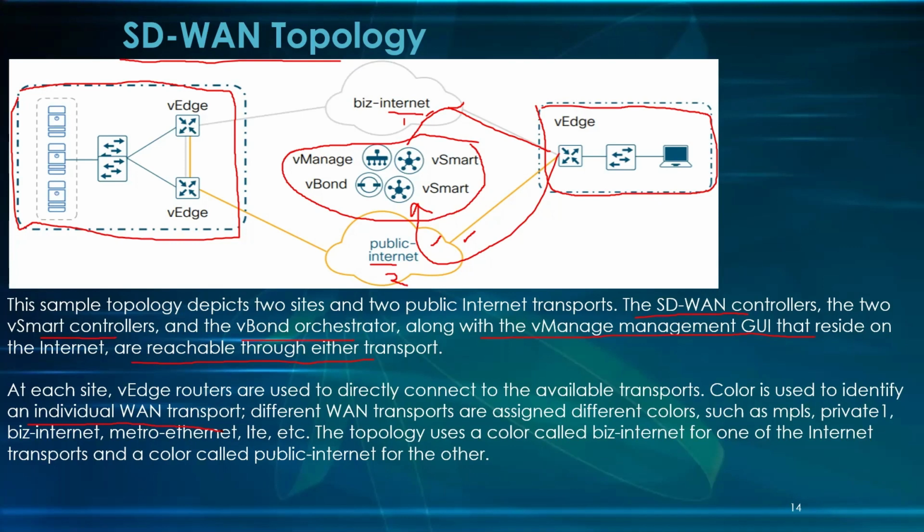It doesn't mean you should use this color or that color. Different WAN transports are assigned different colors, such as MPLS, private, biz internet, metro internet, LTE, etc. The topology uses the color biz internet for one internet transport and public internet for the other.